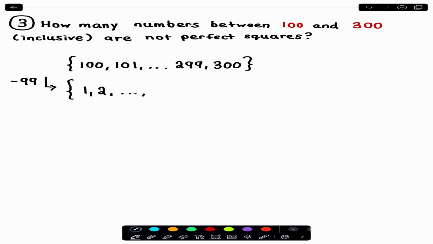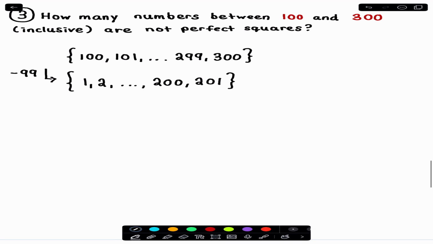This way, 100 becomes 1, 101 becomes 2, 299 becomes 200, and 300 becomes 201. So there are actually 201 numbers between 100 and 300. So, not 200. It is not 300 minus 100. It is 300 minus 100 plus 1. So that's 201.